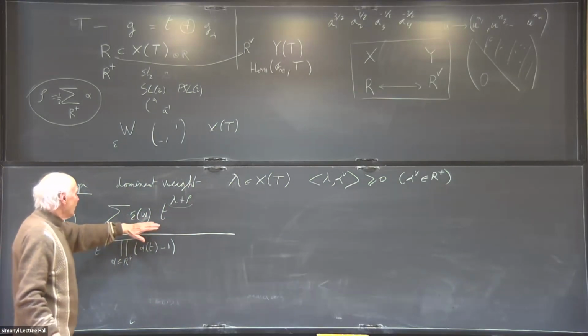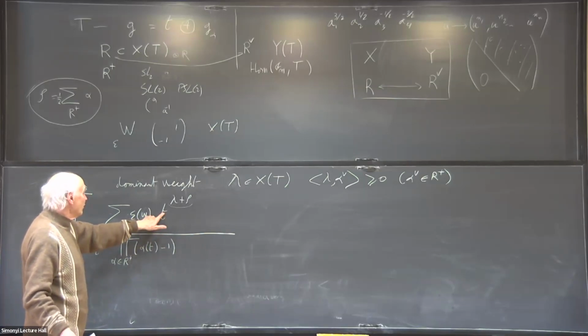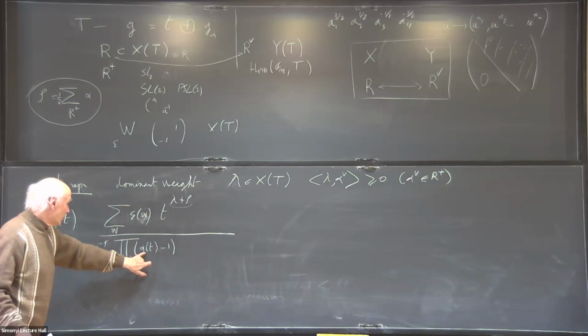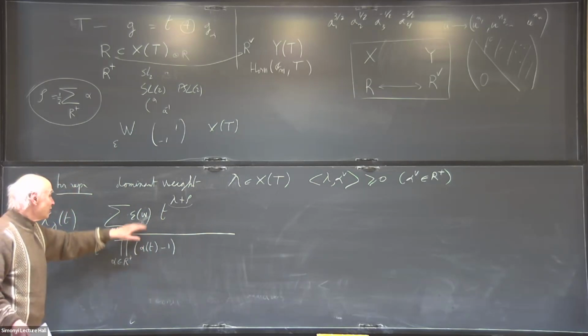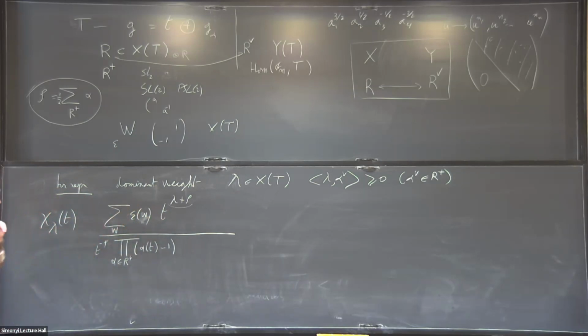Because of that, this expression will vanish at t which are fixed by some reflection. That's why you can have this denominator, which vanishes exactly where the numerator is forced to vanish because of the antisymmetry.